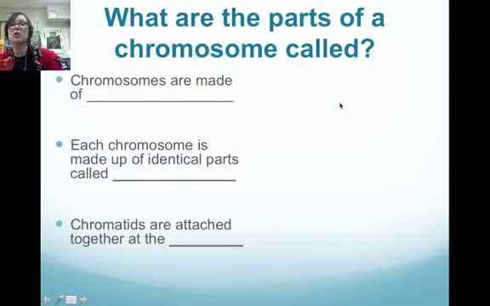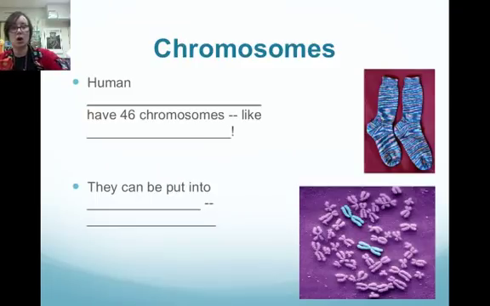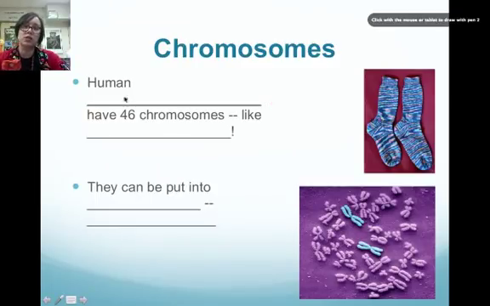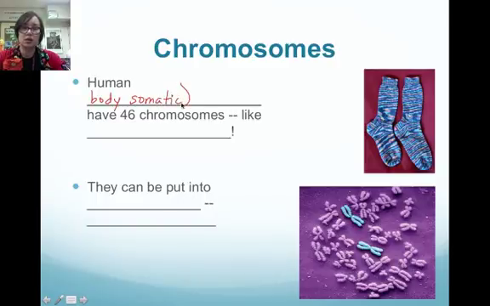So now that I know the parts of my chromosome, let's talk about some specifics. So human body cells, also known as somatic cells, have a magic number, and their magic number of chromosomes happens to be 46. So human body cells or somatic cells have 46 chromosomes in them.